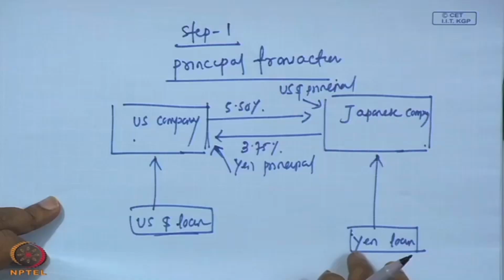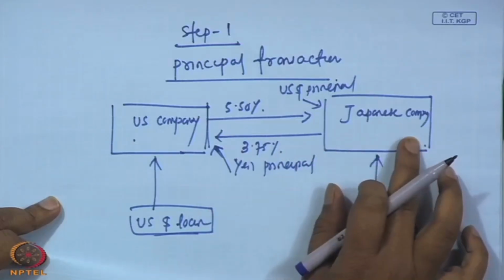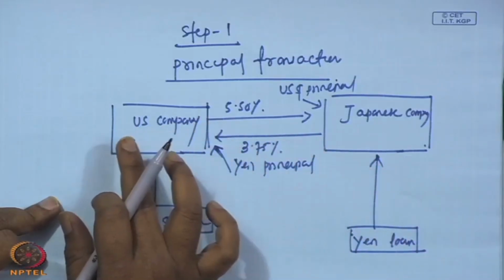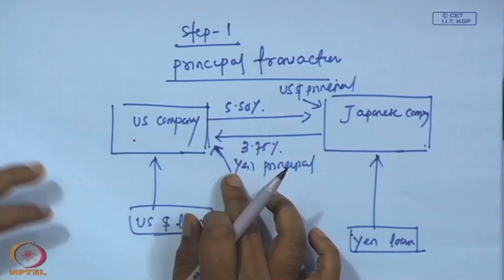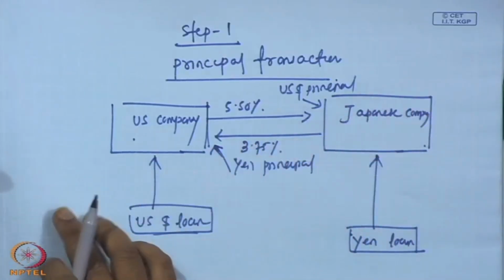Similarly, the Japanese yen loan was raised by the Japanese company at 3.75%, and the principal has been given to the US company, which needs to pay 3.75%. This will go to the Japanese company, who has financed the Japanese loan.